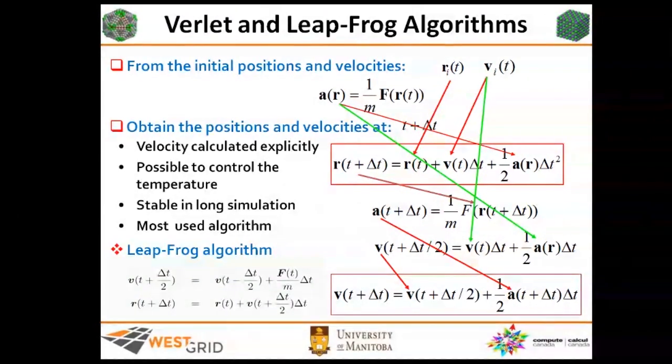Predictor: we first predict the coordinates and then we add the correction. From the initial positions and velocities, we can get the acceleration. Then we can predict the position, and we apply some correction using this formula.